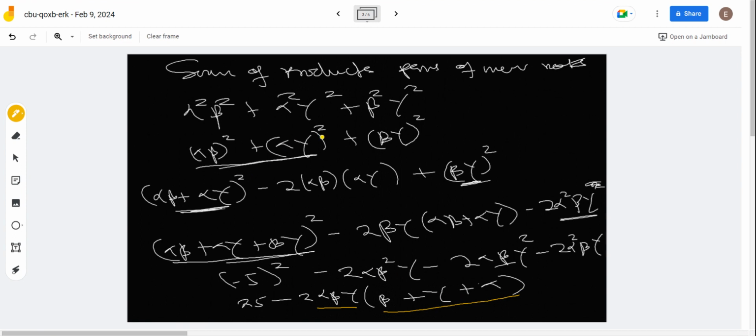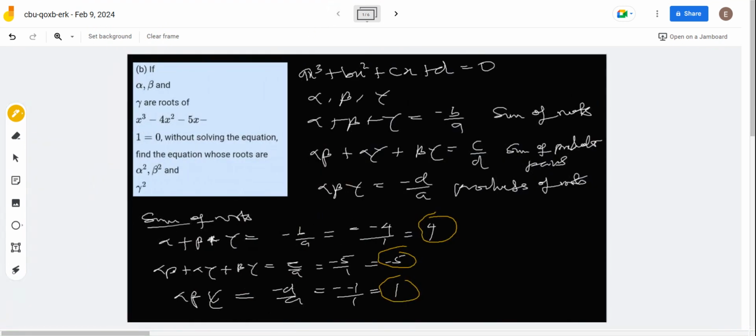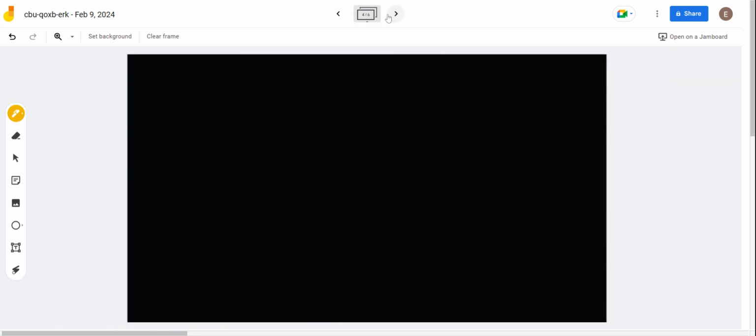Let's throw those inside. The product is 1 and the sum is 4. So we get 25, that's the square of negative 5, minus 2 multiplying 1 multiplying 4. So 25 minus 8, and we get 17.